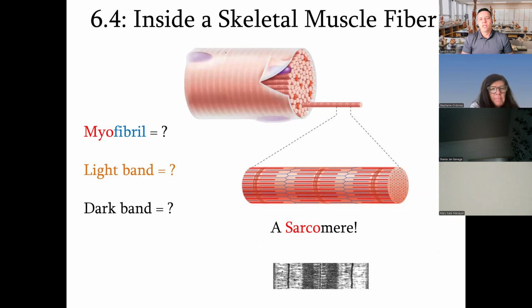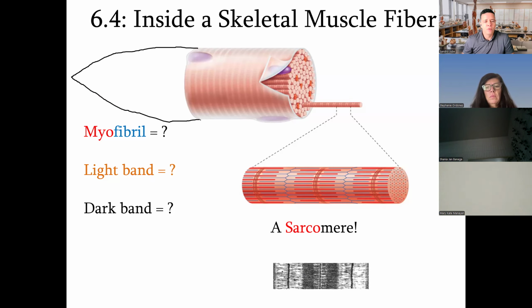So let's take a closer look at the skeletal muscle fiber and see what these myofibrils are all about. Guys, everybody look up here for a second. A skeletal muscle cell is quite a unique cell, even in the way that it looks. A skeletal muscle cell looks like a little tube like this.